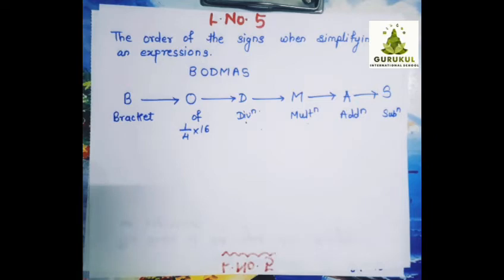So this is called BODMAS rule, and if you remember this, it will be helpful for you to solve the sums which are given in practice set 25, correct? Now let us see how to apply this BODMAS rule while solving the sums which are given in practice set 25.